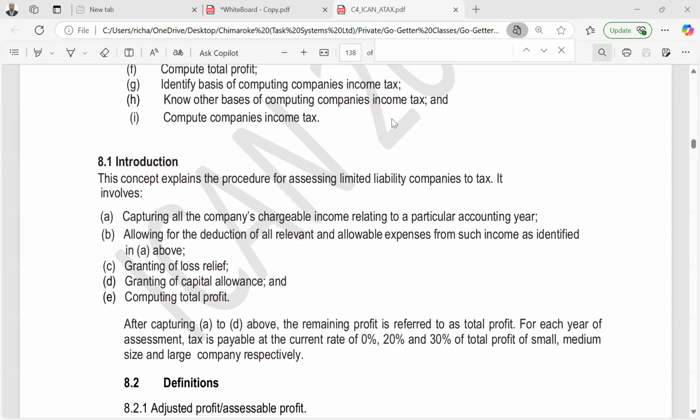Your financial accountant is going to bring all incomes that are accrued or accruable for the year. But the tax man is going to bring all chargeable income for the year. These are two different things.